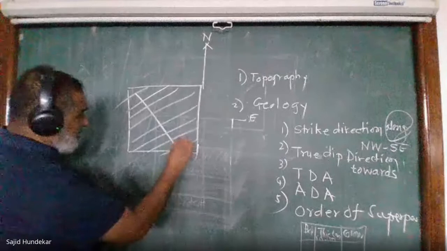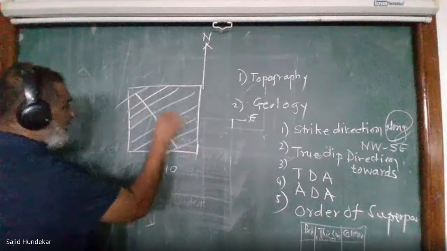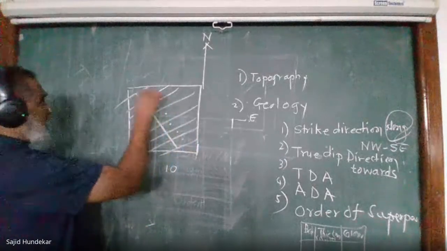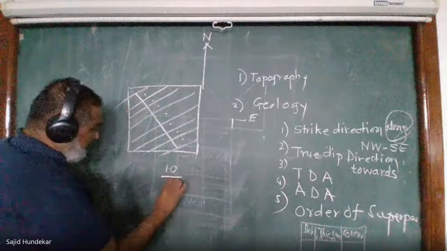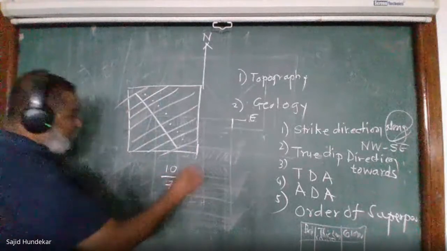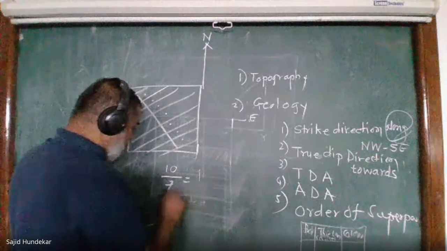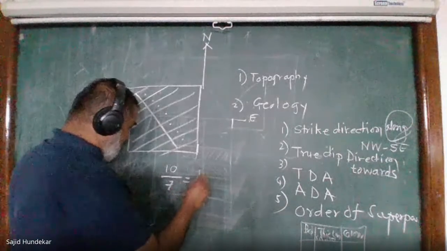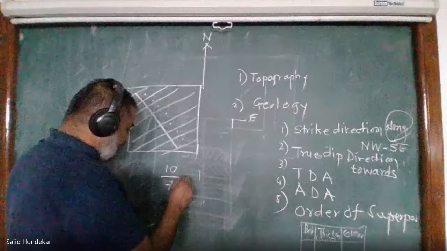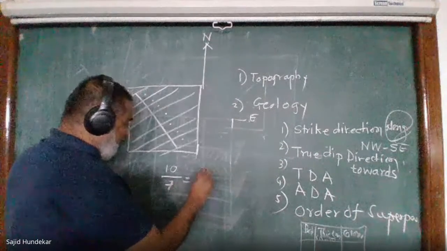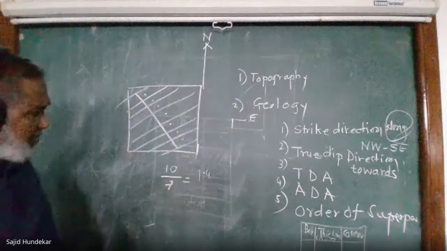Now how many divisions? 1, 2, 3, 4, 5, 6, 7. So 10 divided by 7, whatever the calculation is, comes out to 1.4 average.